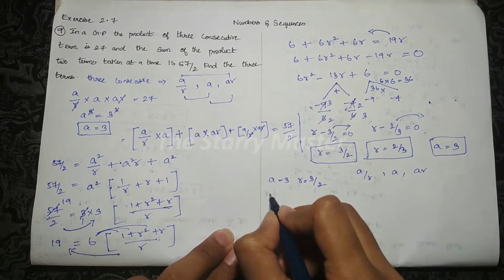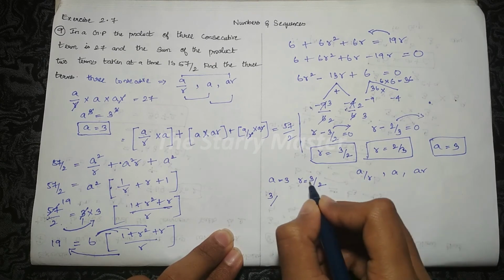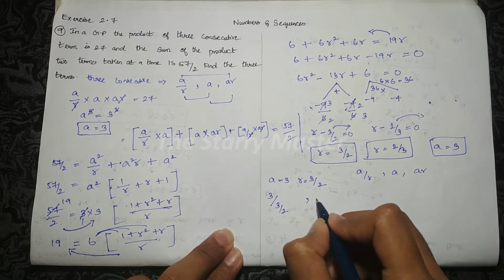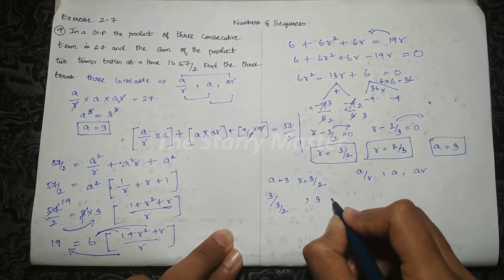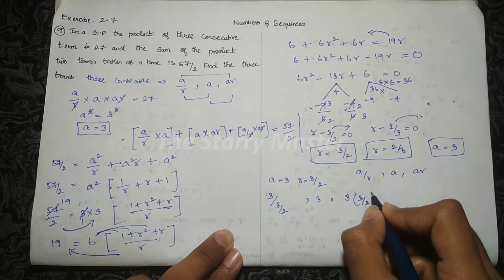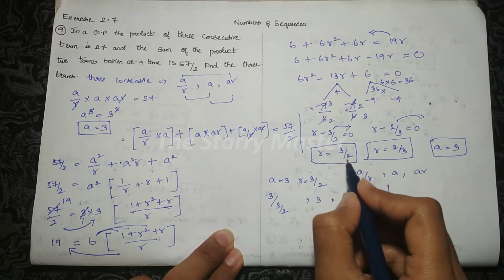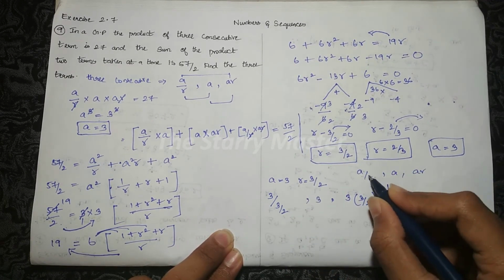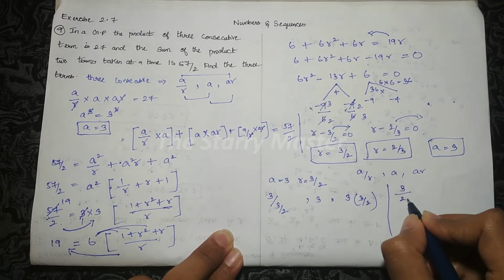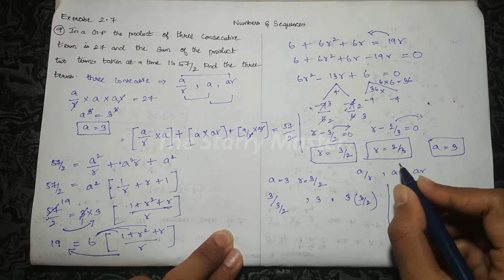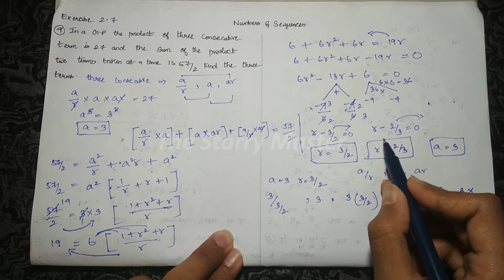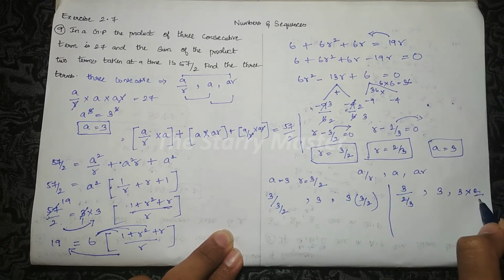In place of a we write 3 by 3 by 2, comma, the value of a which is 3, then a into r, 3 into 3 by 2. And for r equal to 2 by 3, we have 3 by 2 by 3, comma, 3, comma, 3 into 2 by 3.